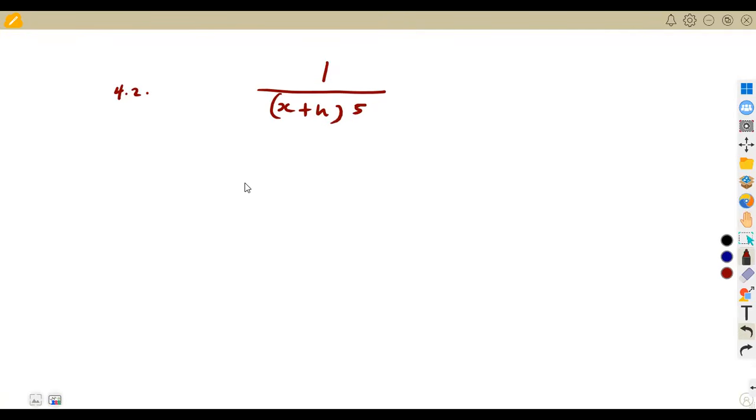What am I trying to say? This can be given as x plus h to the exponent of -5. Remember, 1 over means to the negative.